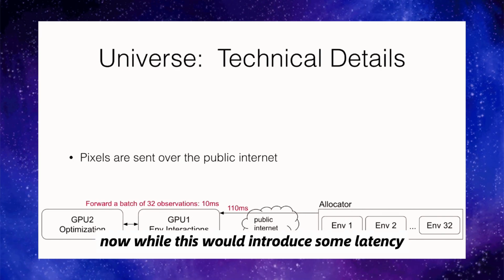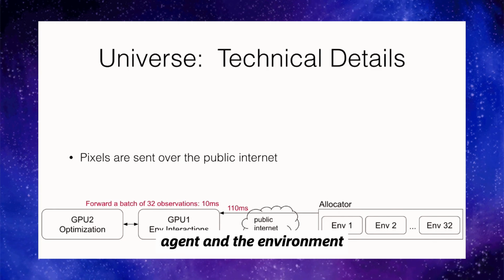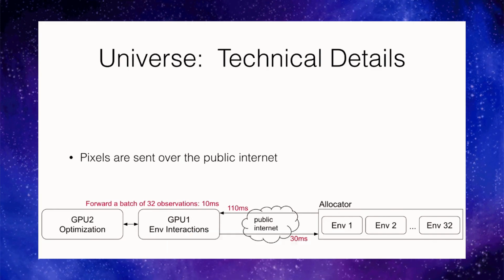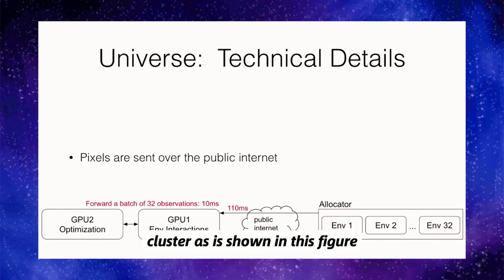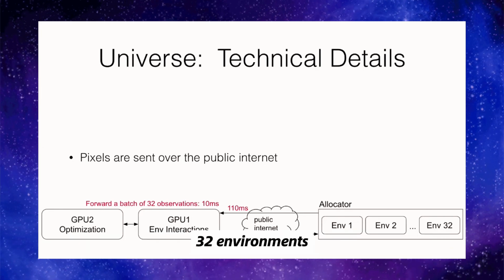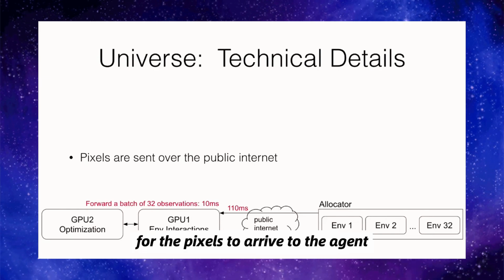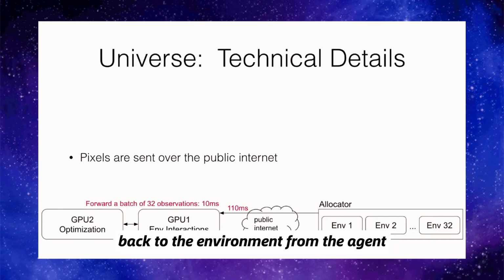While this would introduce some latency to the interaction between the agent and the environment, we've tested some environments which were running on Amazon while the agent was running on our cluster, as is shown in this figure. And what we've observed is that when you have a batch of 32 environments, it takes 110 milliseconds for the pixels to arrive to the agent, and it takes 30 milliseconds for the actions to arrive back to the environment from the agent.